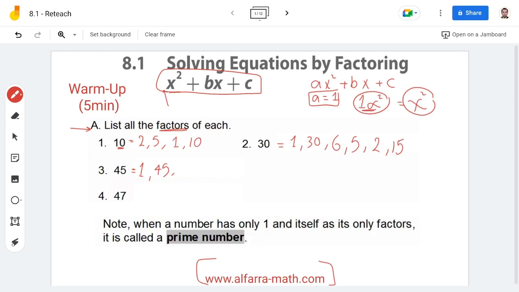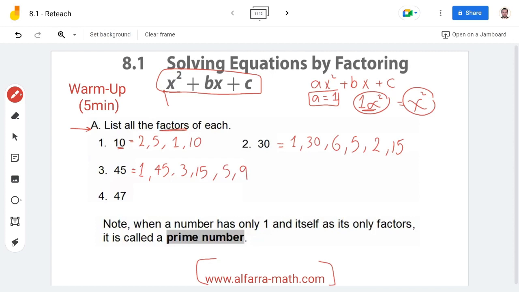No, we have 3. 3 times 15 is 45, so 3 and 15 are factors. Also, we have the easy factors 5 and 9, right? So 5 and 9 also are factors.